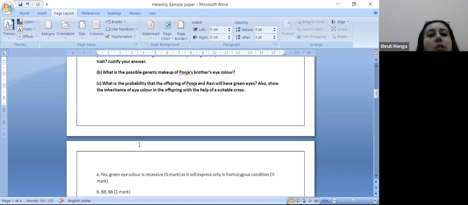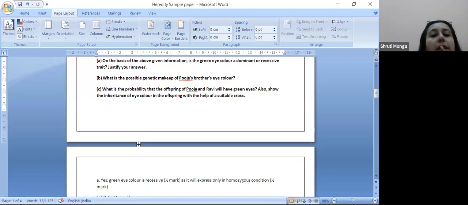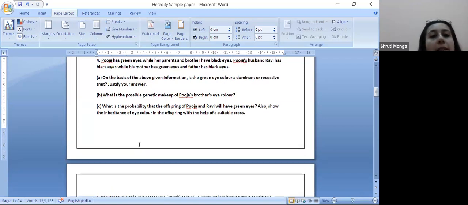What is the possible genetic makeup of Pooja's brother's eye color? Pooja's brother has black eyes.